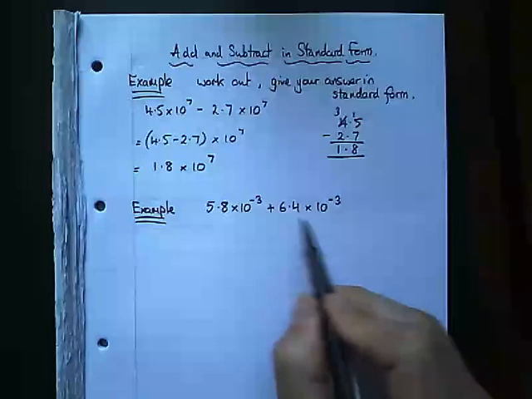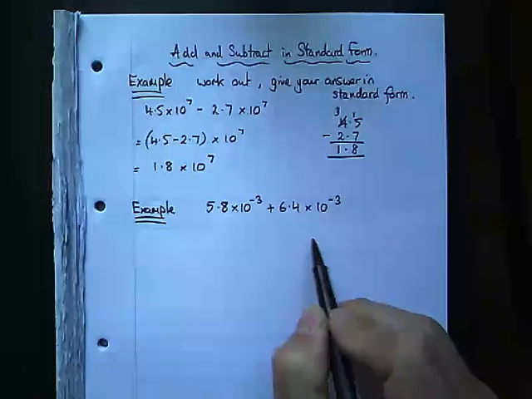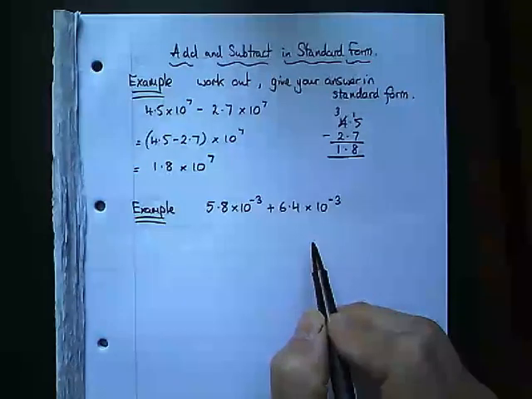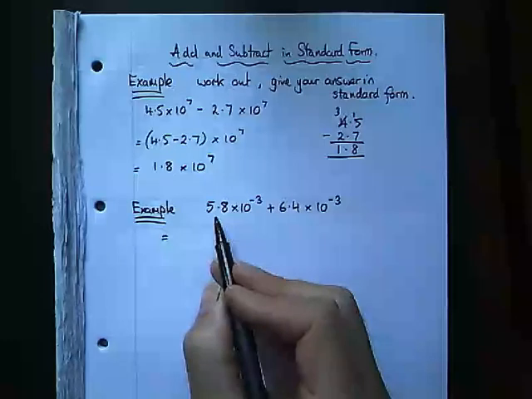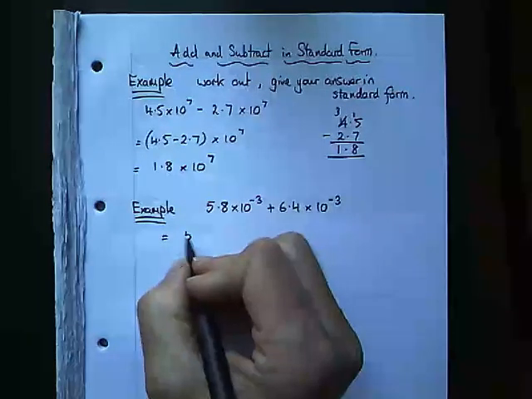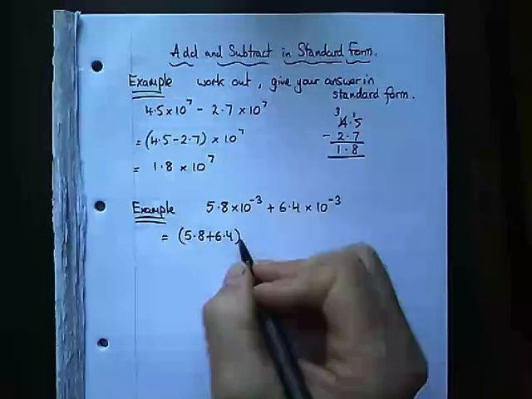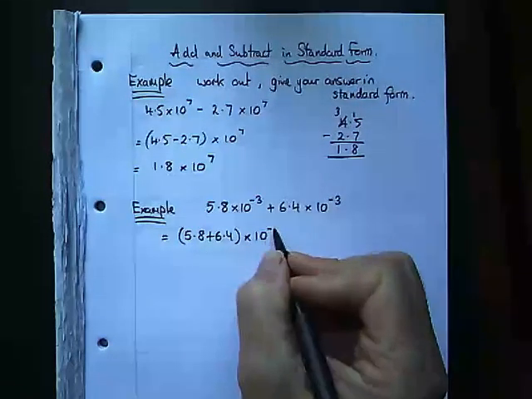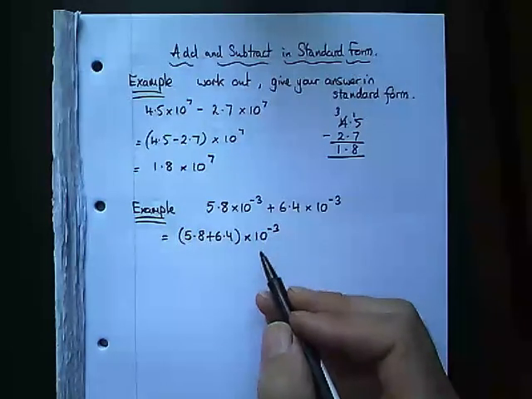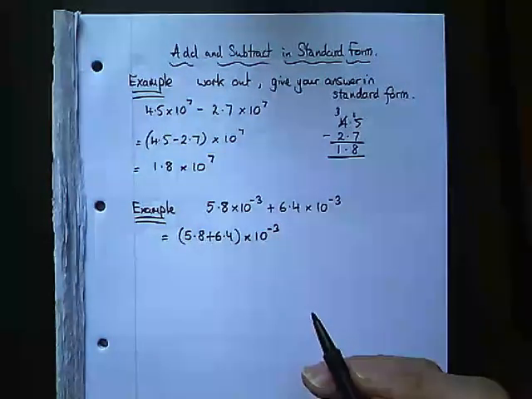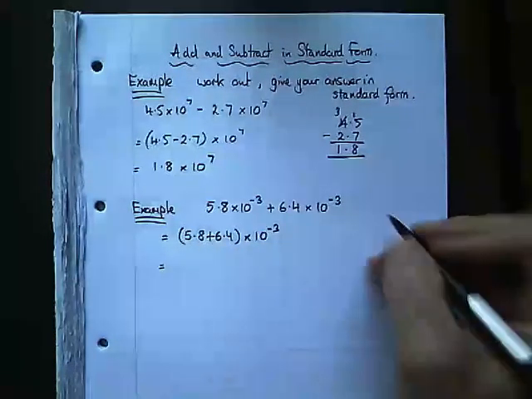So our first step is going to be putting 10 to the minus 3 as part of our answer. Because this is a plus, we need to do 5.8 plus 6.4, and then it's times 10 to the minus 3. The minus means it's a really small number, so we'd be dividing by 10 3 times.